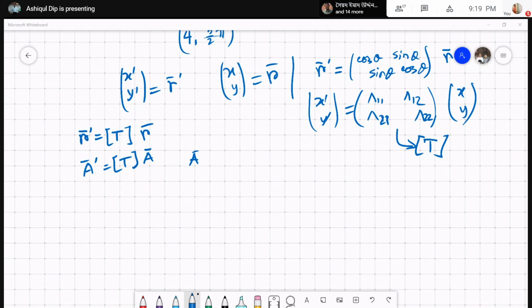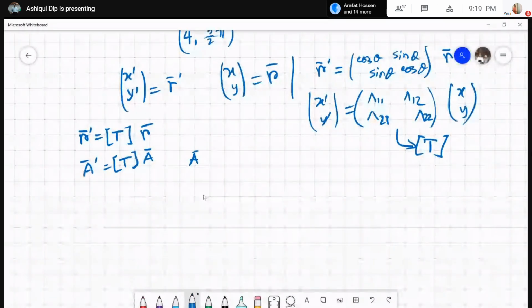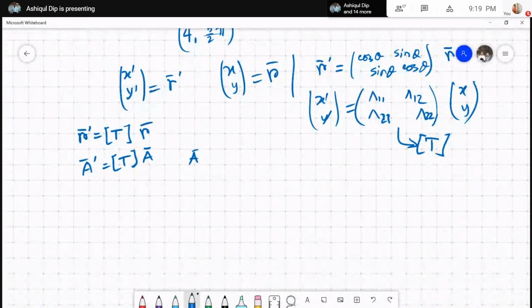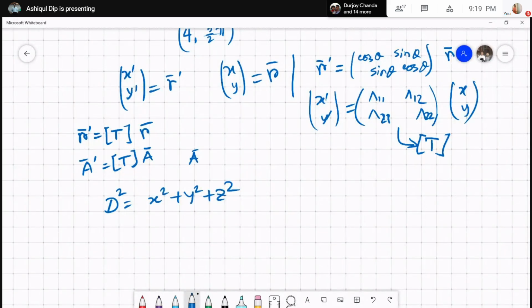I think we start now. So we have a notion of distance in a Euclidean space, right? That we can generalize to give rise to the concept of dot products. Here our distance squared in three dimensions would be x squared plus y squared plus z squared, by Pythagoras' theorem.